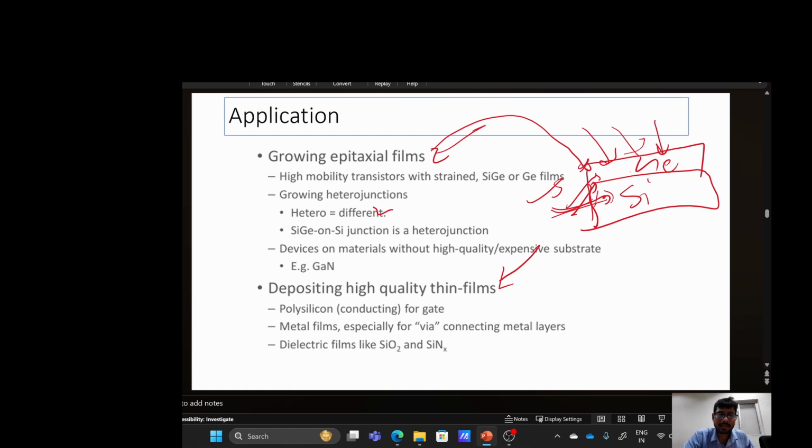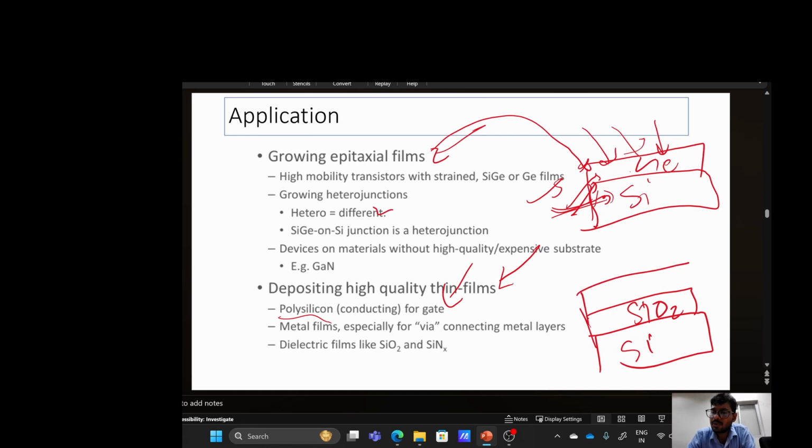They can be polysilicon, which is conducting, which is used for the gate. For the gate, if you have Si, and over this you have SiO2, and now you want to grow silicon, this polysilicon can be grown through CVD. This is conductive, and it will give you the gate action.